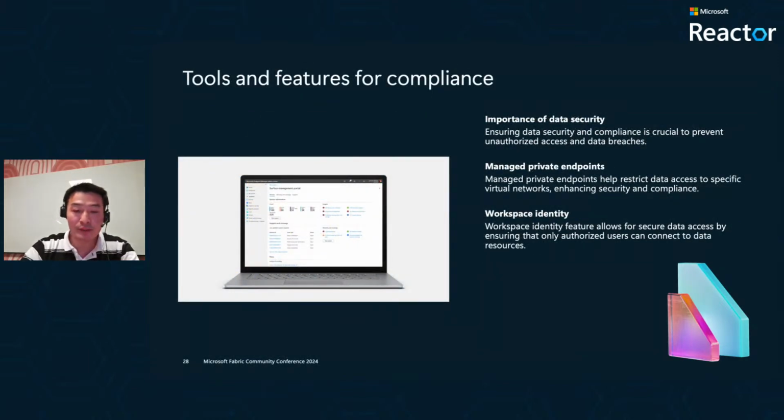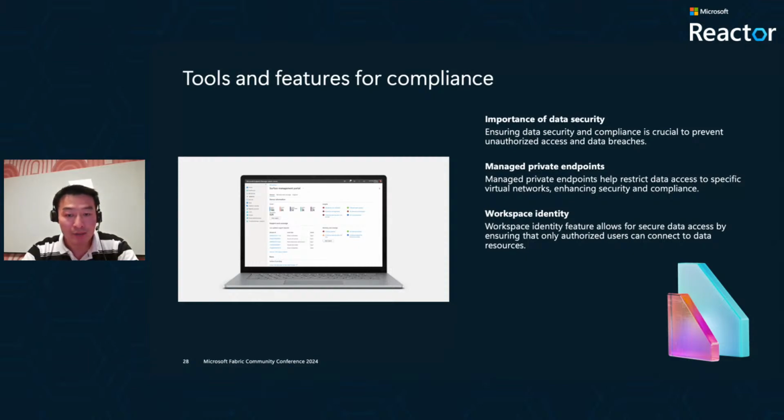the tools and the features to help you to ensure the security. The data factory in Fabric provides a bunch of security related features so that you can ensure your data security by managing the private endpoint or the workspace identity or else to ensure the compliance to prevent any unauthorized access.